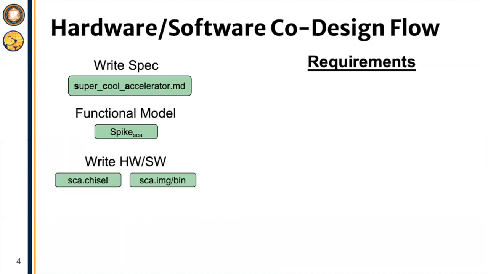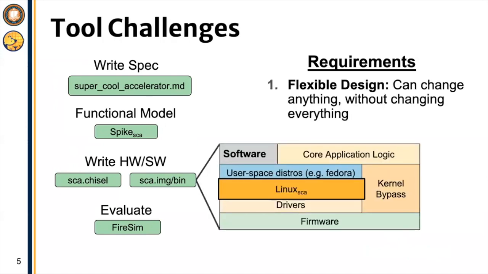I have a bunch of hardware and software potentially. I have maybe some RISC-V Linux binaries. Maybe I have some RTL for it. And maybe I have a simulator. So I need to be able to change anything with respect to the software so that I can run either on the functional model or in something like FireSim.